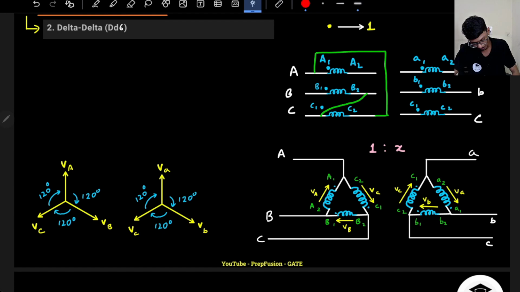Then my B1 and A2 are connected here. On the LV side, I see that my A2 and C1 are connected, so A2 is here and C1 is here, so A2 and C1 are connected.